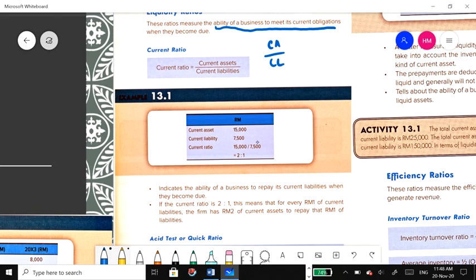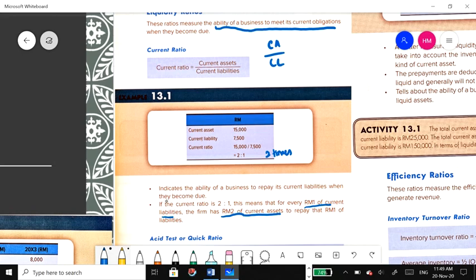Or you boleh juga jawab dalam 2 times. Maksud dia, apa ni? Indicates the ability of a business to repay its current liabilities when they become due. If the current ratio is 2 to 1, this means that for every 1 ringgit of current liability, the firm has 2 ringgit of current asset to repay that 1 ringgit of liability.